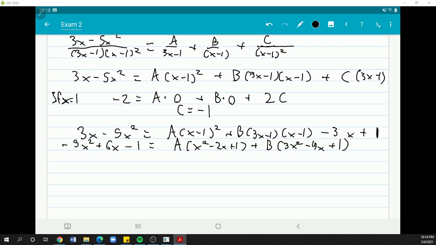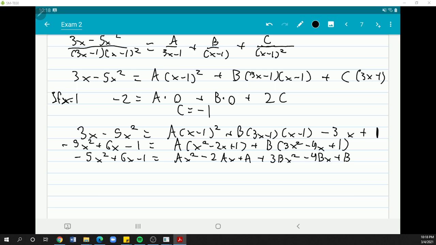Okay. So minus 5x squared plus 6x minus 1 is equal to ax squared minus 2ax plus a plus 3bx squared minus 4bx plus b.